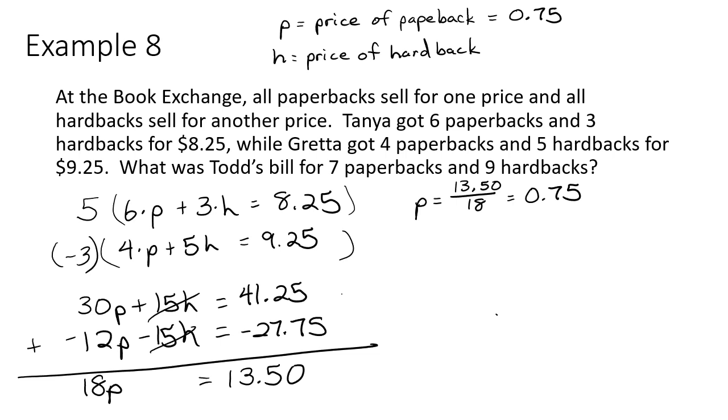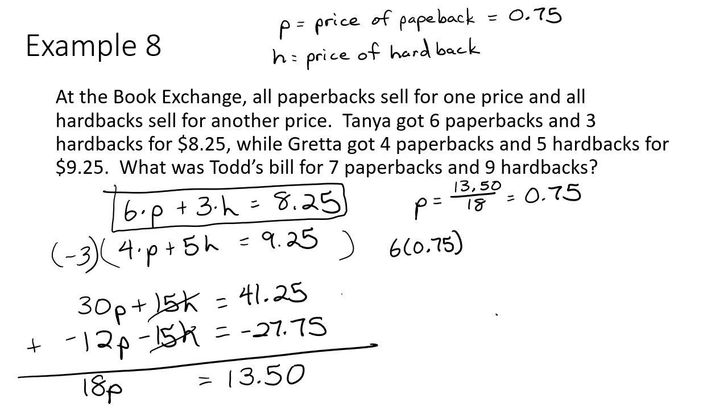In order to figure out the price of a hardback, we're going to plug this back into one of the original equations. Again, it doesn't matter which. So maybe I plug it back into the top equation. So 6 times P, which is 0.75, plus 3H is equal to 8.25.